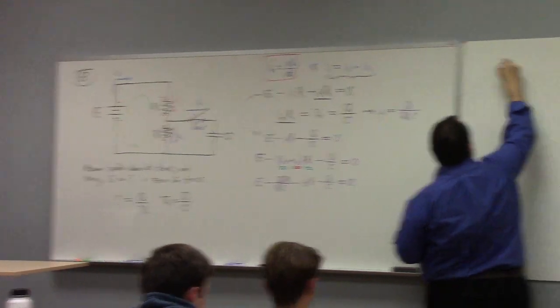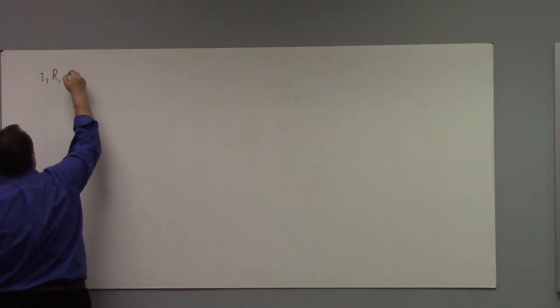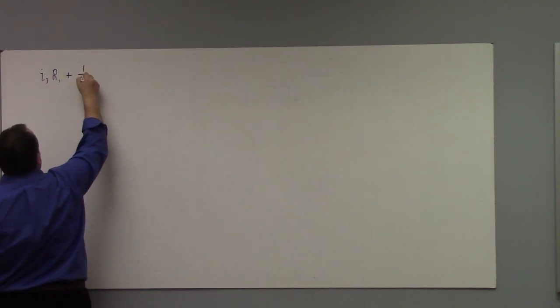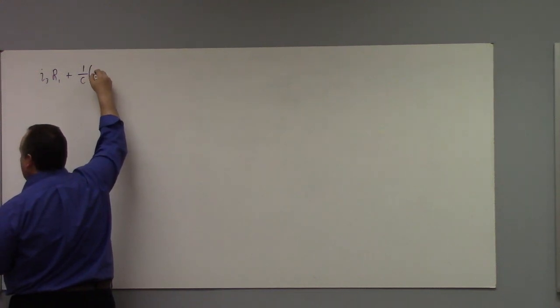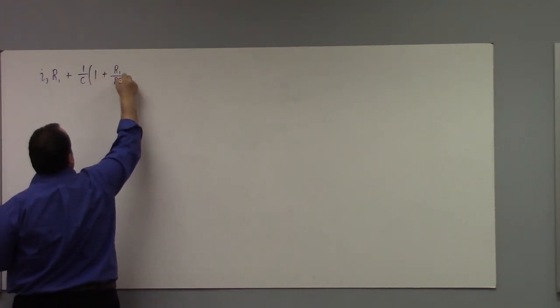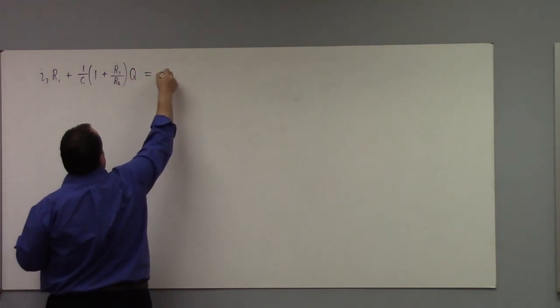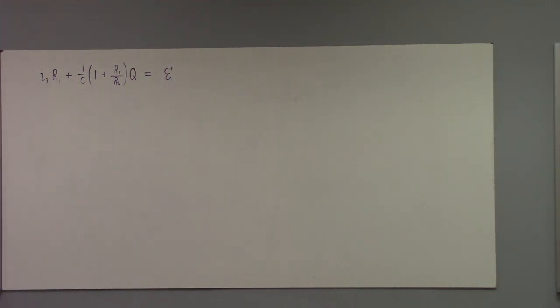So we've got I3 times R1 plus 1 over C times (1 plus R1 over R2), I think, times Q equals E. Are you guys with me? Does that algebra track for you guys? If I made a mistake, do let me know.